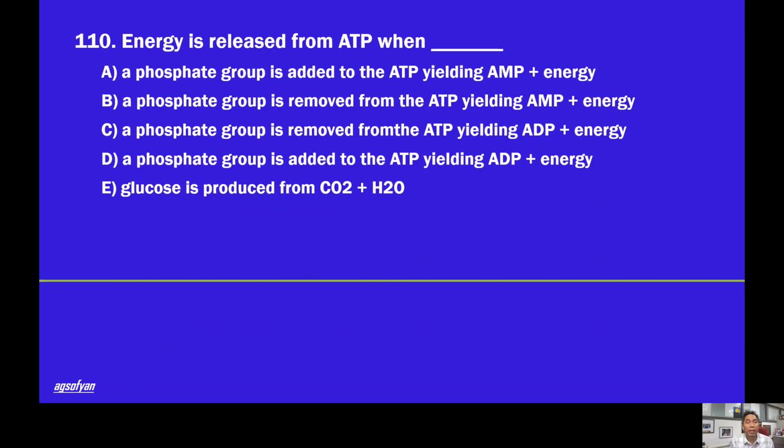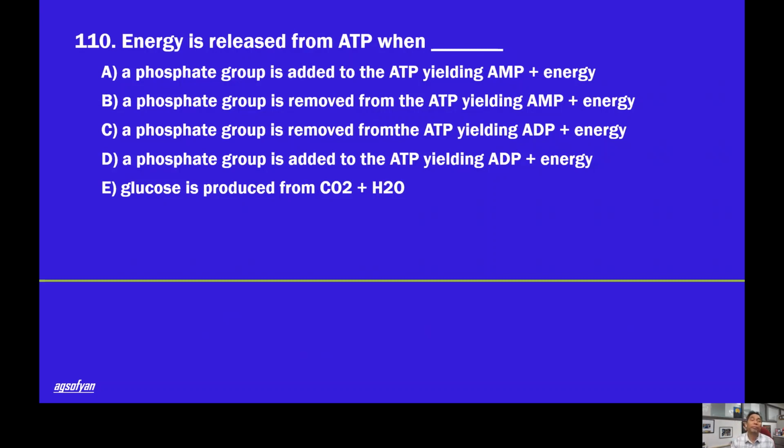110. Energy is released from ATP when: A. a phosphate group is added to the ATP, yielding ATP plus energy. B. A phosphate group is removed from ATP, yielding AMP plus energy. C. A phosphate group is removed from the ATP, yielding ATP plus energy. D. A phosphate group is added to the ATP, yielding ADP plus energy. E. Glucose is produced from carbon dioxide plus water.